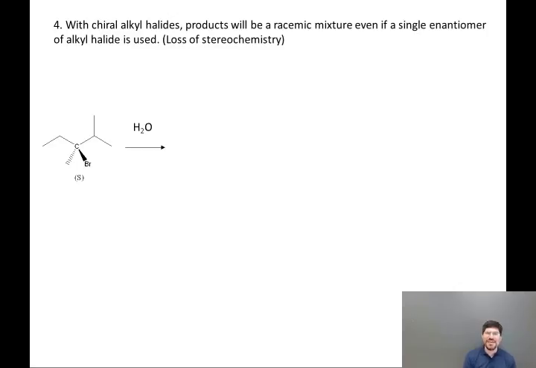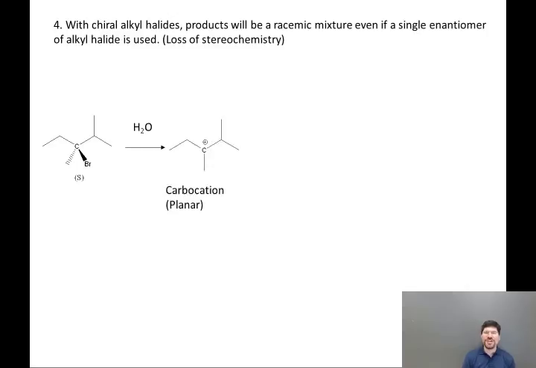The carbon bearing the leaving group has a methyl, an ethyl, and an isopropyl group. As drawn, this molecule has the S configuration. The bromine is coming out towards you, and the methyl group is going back away from you. So let's say we want to react this alkyl halide with water, which is a sufficiently good nucleophile to react in an SN1 mechanism. What happens first?